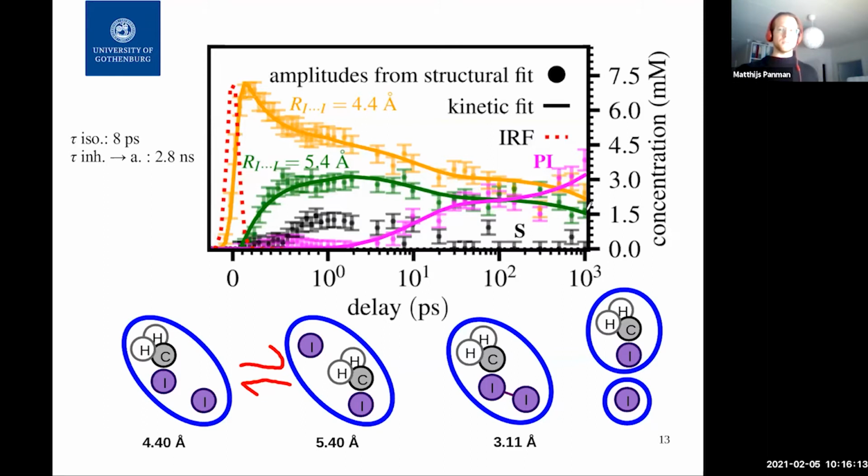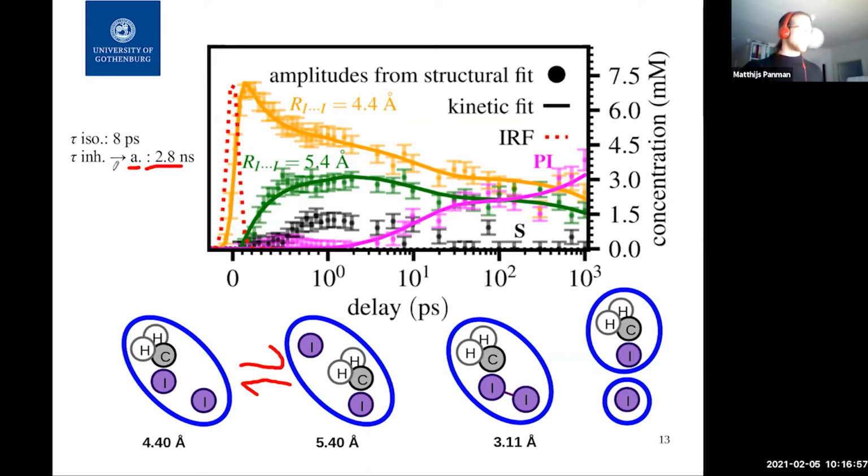Since the formation of the isomer occurs biphasically with a very long second lifetime, coupled with the fact that we have a very low number of solvent-separated species at late times, we know that this long lifetime cannot be a non-geminate recombination channel. So we thought, there has to be a chemically inactive species, which first has to convert towards a chemically active species before it can recombine to form the photoisomer.